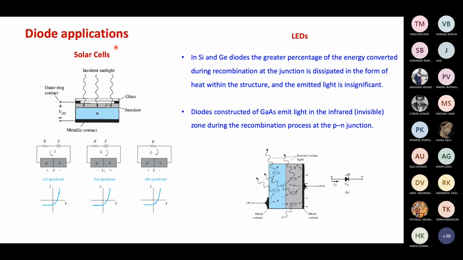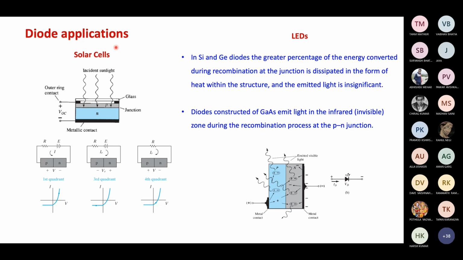Okay, but the solar cell, the working principle is the same, but the solar cell is purposed to convert the maximum light into as much electrical signal, electricity, as possible.